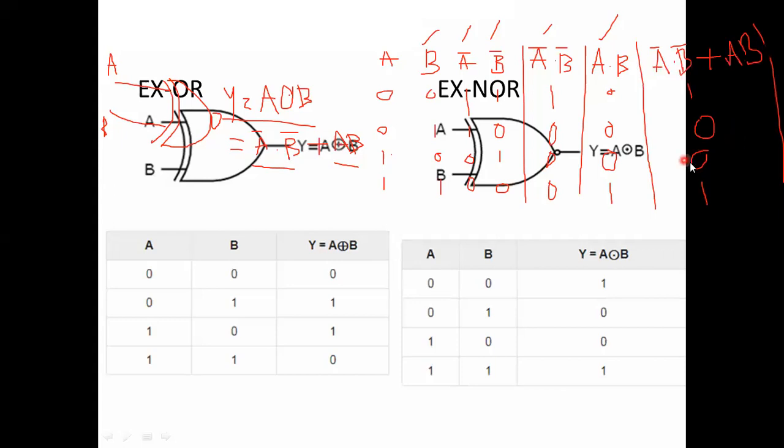Here also 1 0 0 1. That means for 0 0 the output is 1. For 0 1 input, the output is 0. For 1 0 input, the output is 0. For 1 1 input, the output is 1. This is also the same. Are you justified? Both are the same.